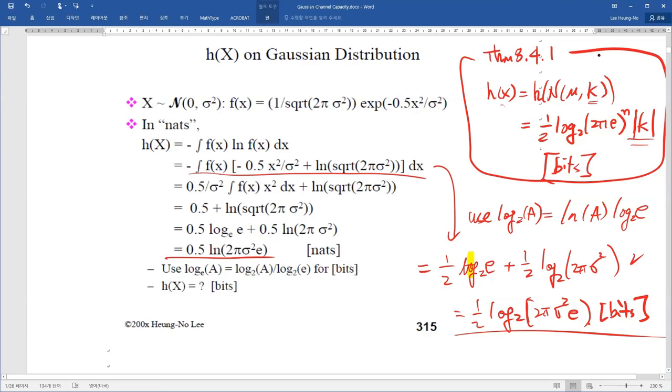So this is the most general result. You can take a look at Theorem 8.4.1 of Cover and Thomas to see the derivation, but the derivation is exactly the same as this one, except that it is done for the case of an n by 1 random vector x.